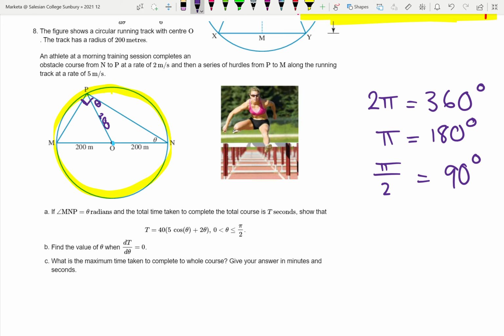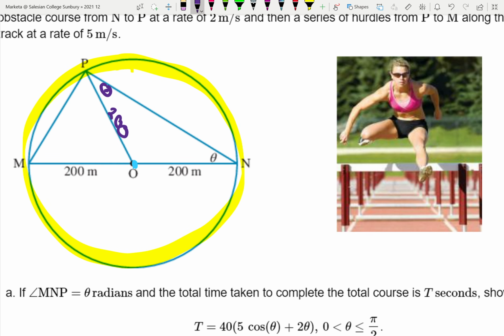So this is a right angle in here. We're dealing with theta and we're dealing in radians. So if 90 degrees is pi on 2, and we subtract theta, that's what this is going to be. So pi on 2 minus theta is in there.